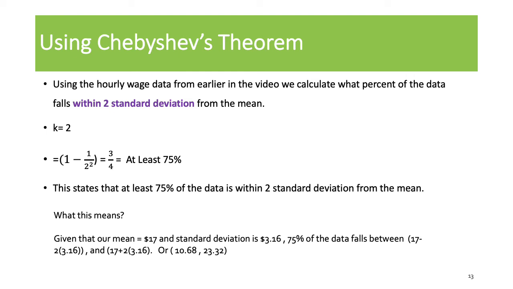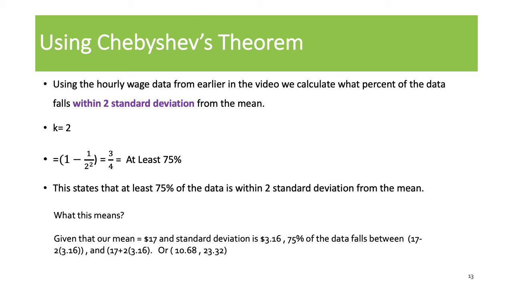So what does this mean? Given that our mean is 17 and the standard deviation is 3.16, 75% of the data falls between 17 minus 2 times 3.16 and 17 plus 2 times 3.16, or between 10.68 and 23.32.